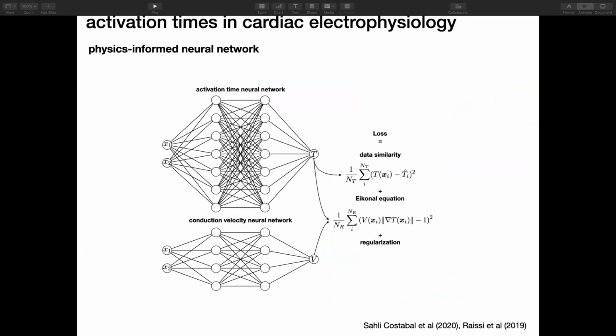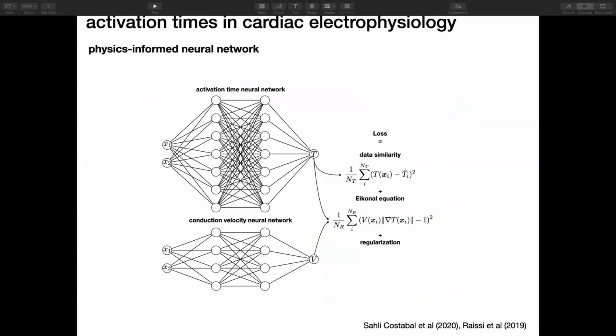So the approach that we took here is to use physics-informed neural networks. First, I'm going to explain an approach where we just use an isotropic version, where we just estimated the conduction velocity, and then I'm going to explain how we got the fibers.